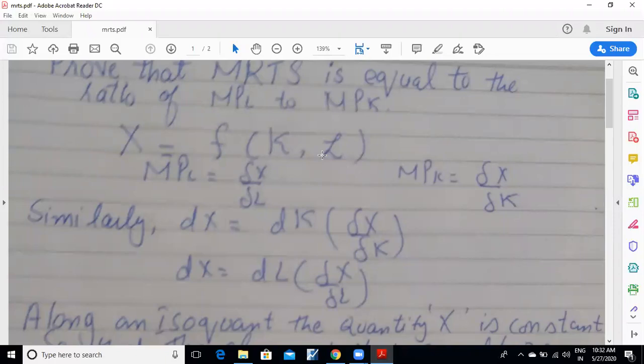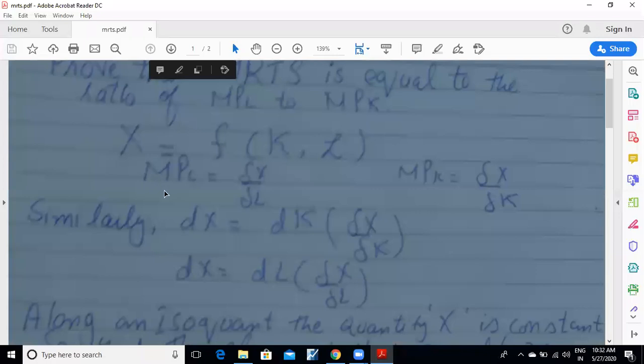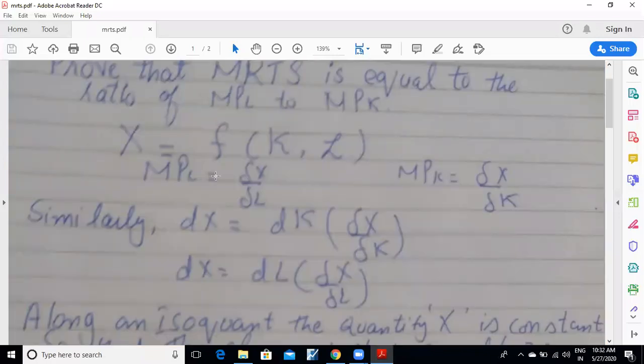If we take the derivative of output with respect to labor, that is the MPL: partial X over partial L is equal to the marginal product of labor. It represents how much output changes due to a change in labor. Similarly, the change in output due to a change in capital is called the marginal product of capital.